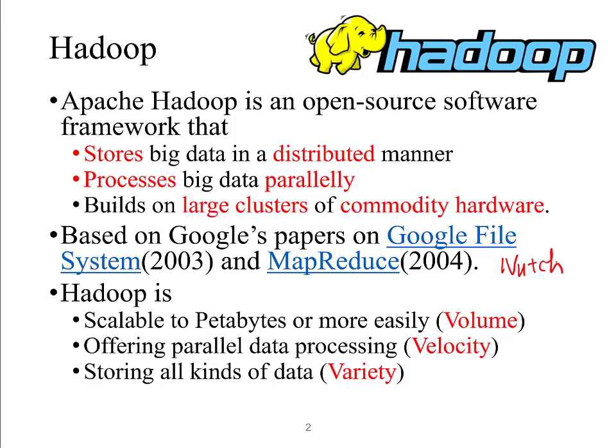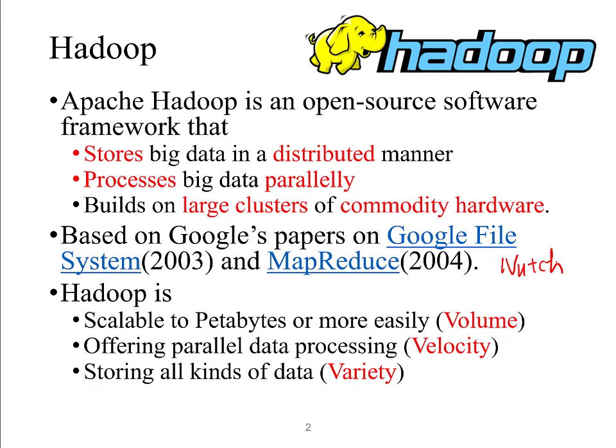This project is used to handle billions of searches and indexing millions of web pages. So later, in October of 2003, Google releases the paper on the Google File System. And in December of 2004, Google releases the paper on MapReduce.